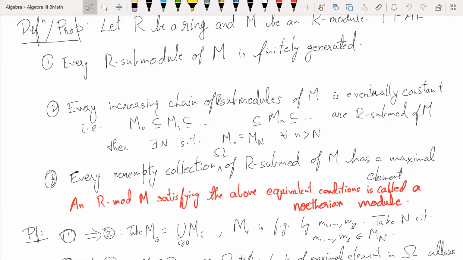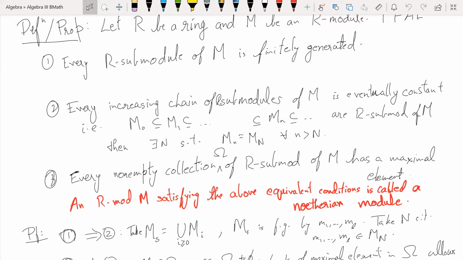An R module M satisfying the above equivalent conditions is called a Noetherian module. So a Noetherian module satisfies one, and hence all, of these equivalent conditions.